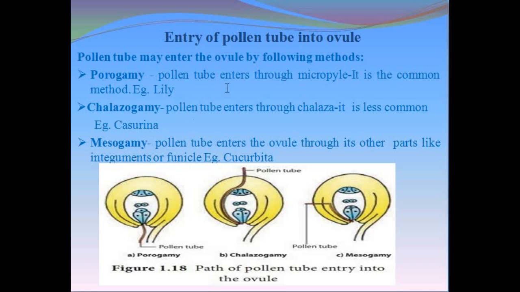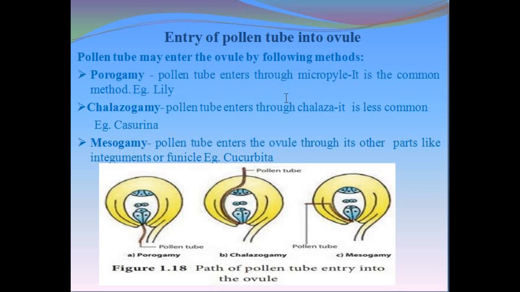Depending upon the entry of the pollen tube into the ovule, as I already told, there are three types. If the pollen tube enters the ovule through the small opening called micropyle, then this is called porogamy, which is observed in lily and is the most common method in all flowering plants. The second type is called chalazogamy.